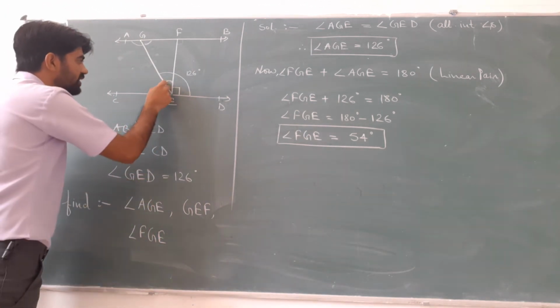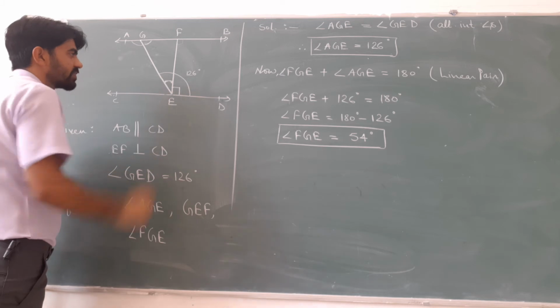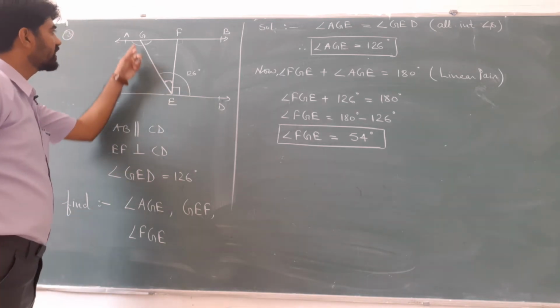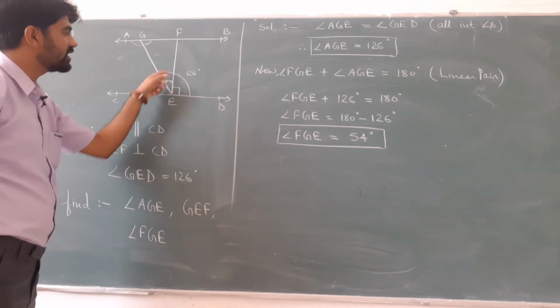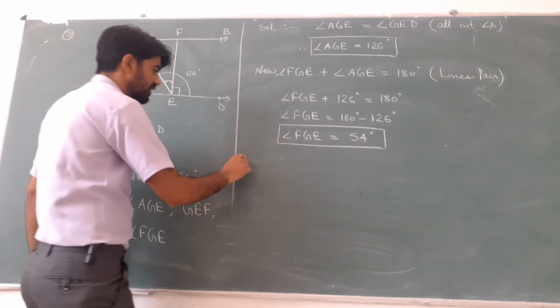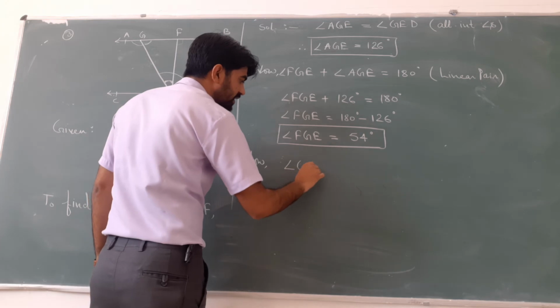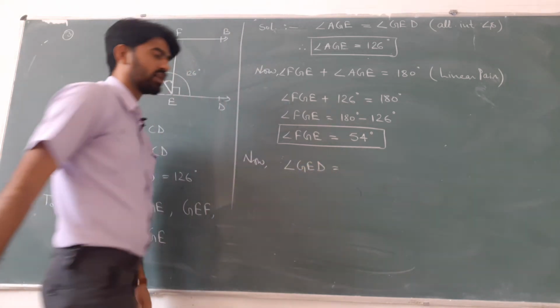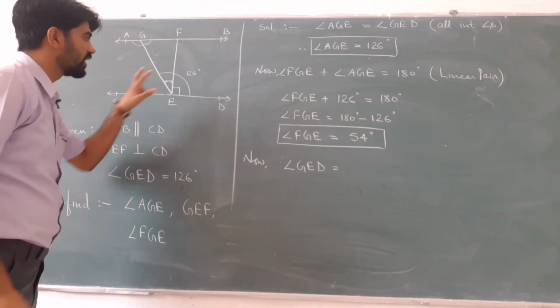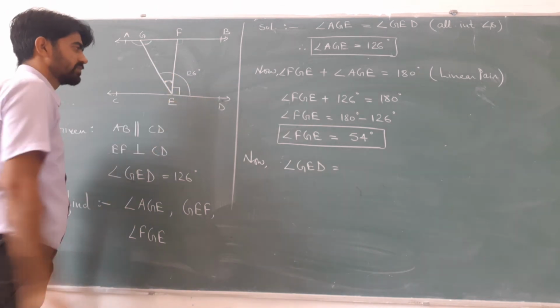Now we have to find this much. If I take this complete angle GED, now angle GED is equal to what? It is the sum of two angles, this one and this one.